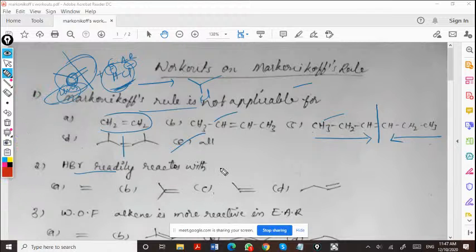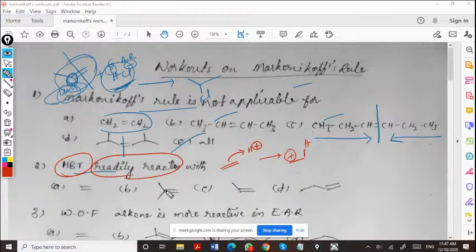When a reagent is going to attach to the double bond, initially H plus will be abstracted, that's why it is called electrophilic addition reaction, so a carbocation will generate. Reactivity is the question, so it will depend on the stability of the carbocation. Among all these, which is going to give the stable carbocation?